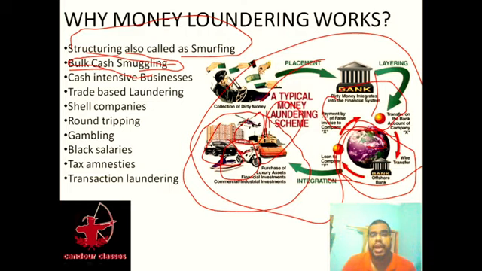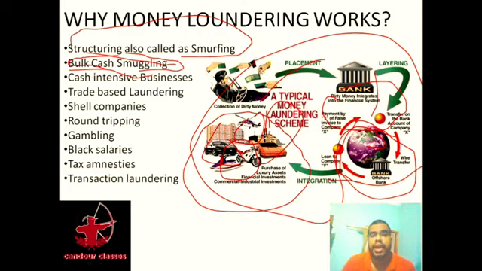Then trade based laundering. Then shell companies are those companies, as I have told you, which are just registered and not functioning. Then round tripping: this entire process is called round tripping.